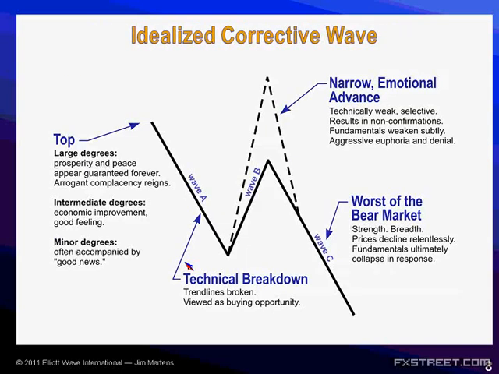Here we see a 3-wave correction, and here are some reasons of why it occurs and what you might expect to see. But mainly, as I explained, wave A down, maybe that's not a concern. B typically recovers about 61.8% of A. There is a pattern that allows it to challenge or even move to a slight new high.